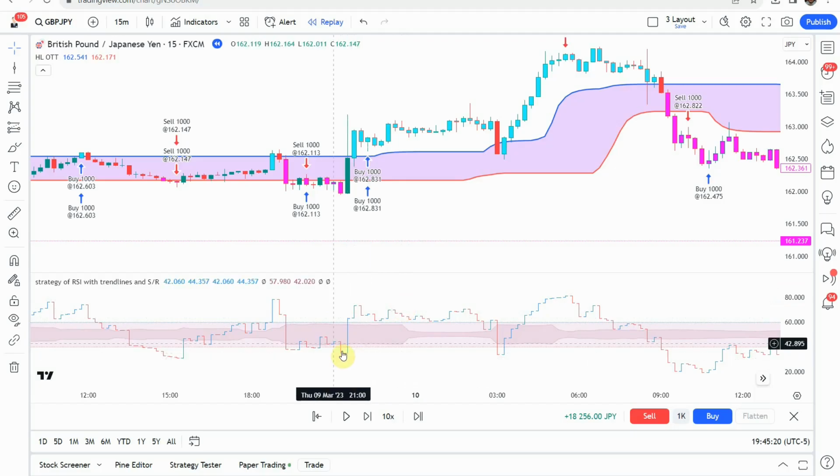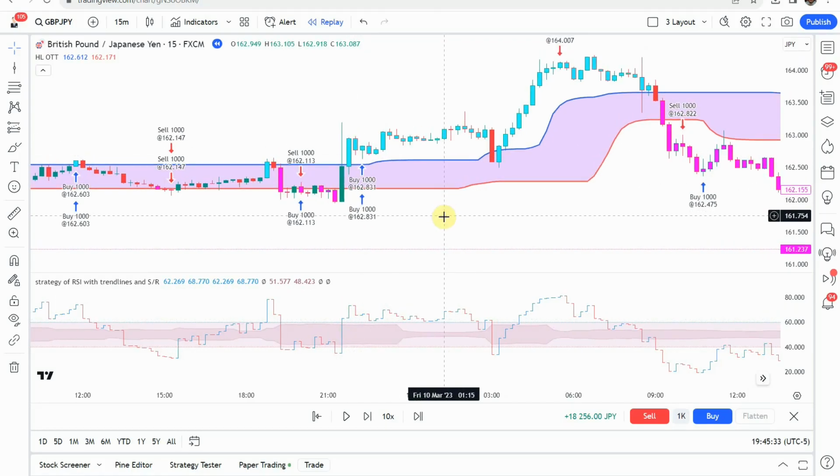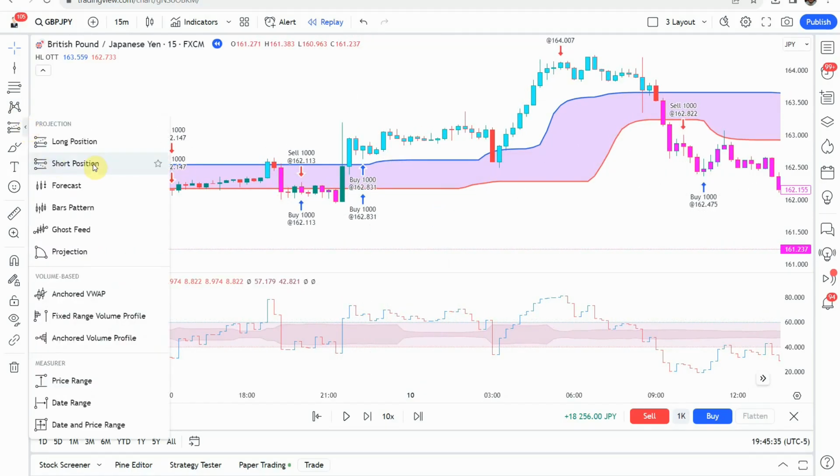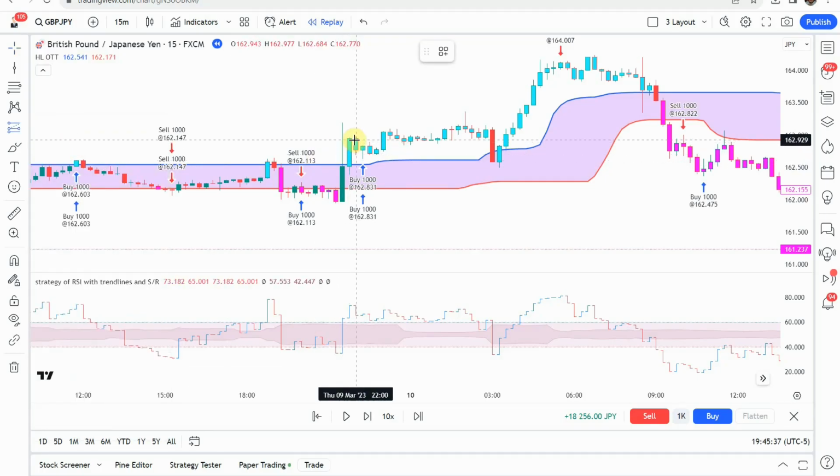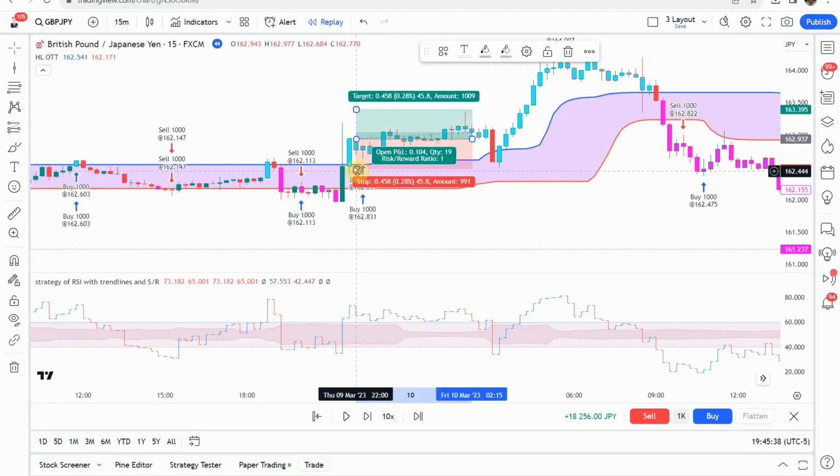So basically above this kind of purple cloud right here is going to be the overbought. Anything under that purple cloud is going to be the oversold. And so once you have those two lined up right there, you are then going to enter into a long position, would be right here.